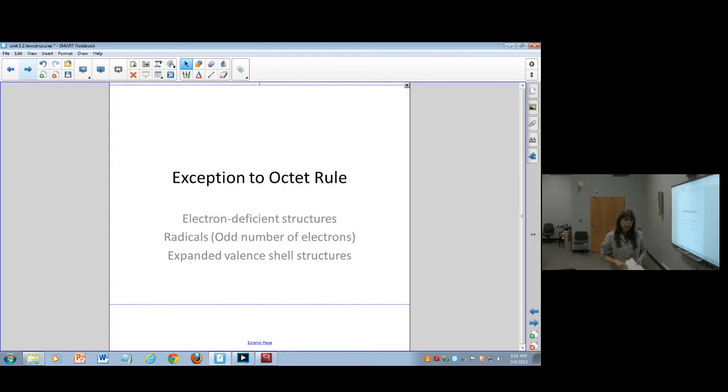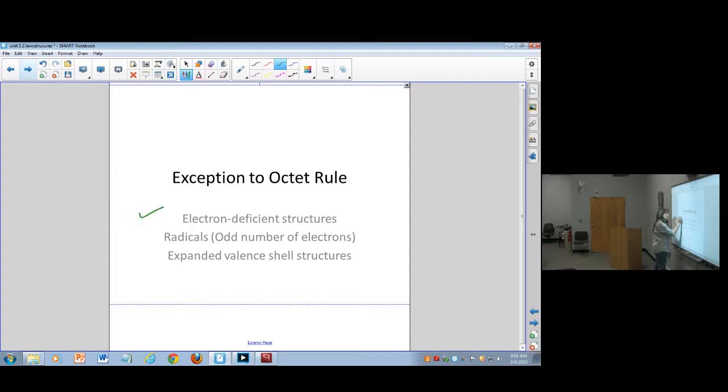All right, so I really wish you would do several of these problems, but until you know how to do the exceptions, you're going to run into things that don't make a lot of sense. So let's go ahead and talk about the exceptions to the rules. Even though everything should always do its very best to make an octet, there are times when it just isn't going to happen.